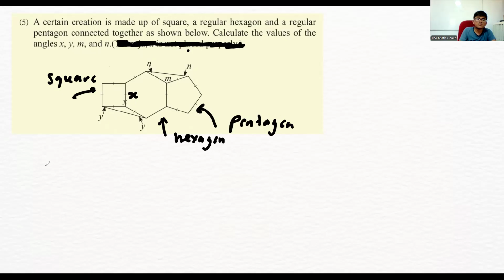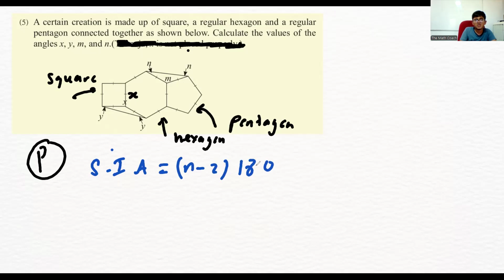Let's say pentagon is P. The interior angle of a regular pentagon is kind of easy. The sum of the interior angles here is equal to n minus 2 times 180. But we should find one angle. So one interior angle is equal to n minus 2 times 180 divided by n.